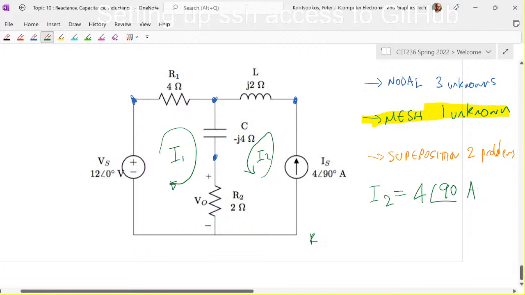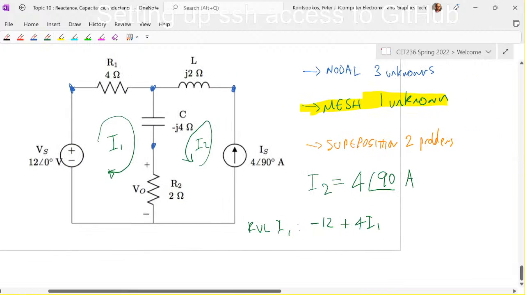And then the KVL for I1: minus 12, plus 4 I1, minus J4 times I1 plus I2.